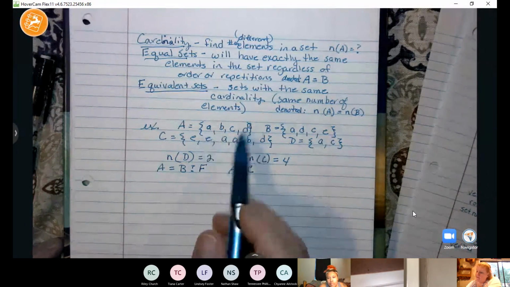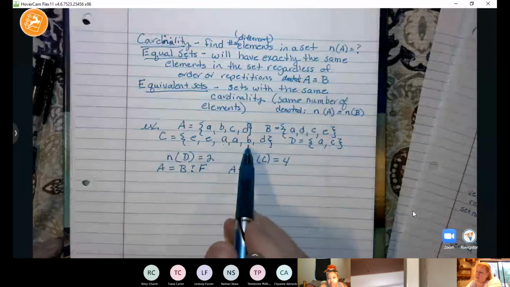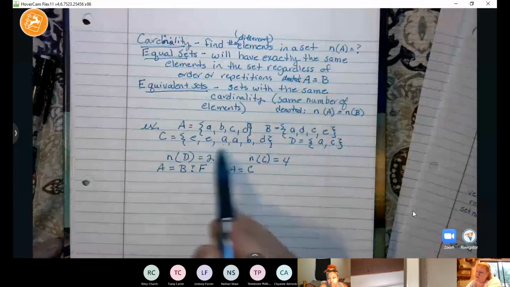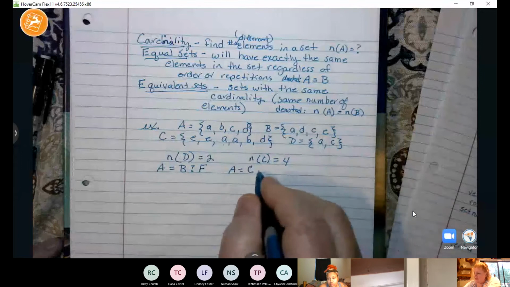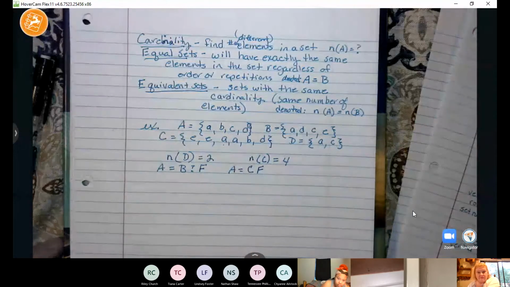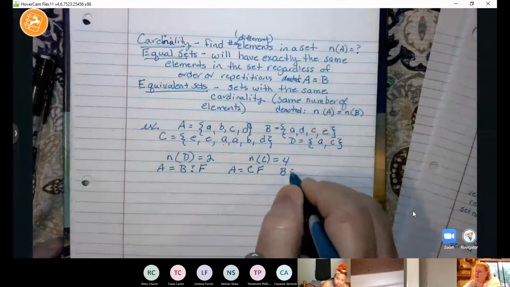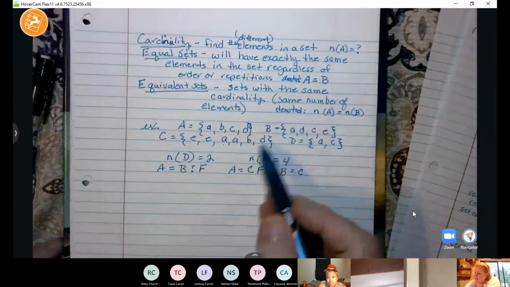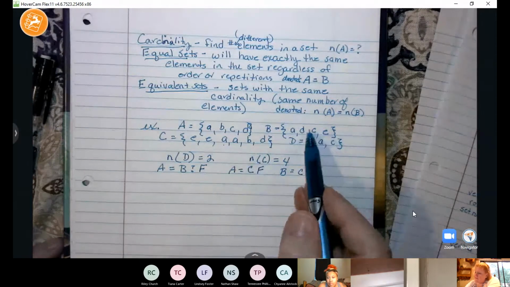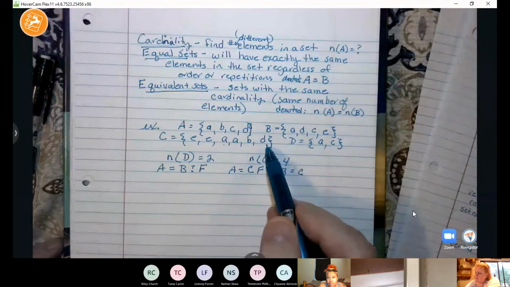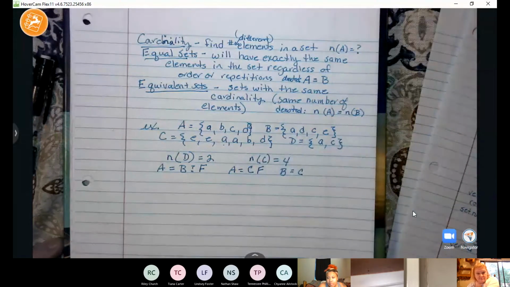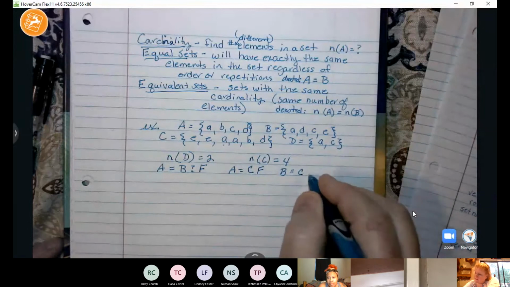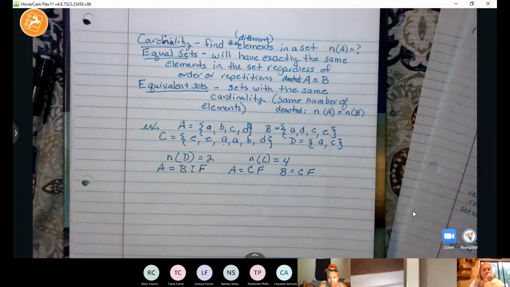We have an A, we have a B, but there's no C. So that is false. Does set B equal set C? We have an A, we have a D, but there's no C. So that is false.